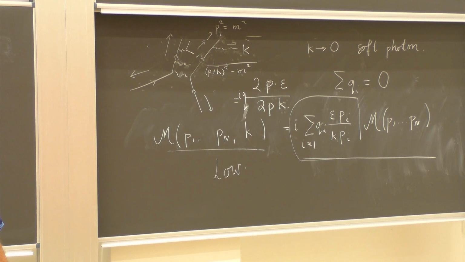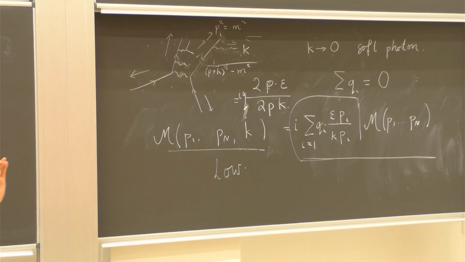Actually, Low's theorem originally, of course, who cared about scalars, so it was for electrons with different charges. That's an obvious thing to do. And then similar theorems, factorization theorems of some singularities, hold in Yang-Mills theory and also in Einstein's gravity.